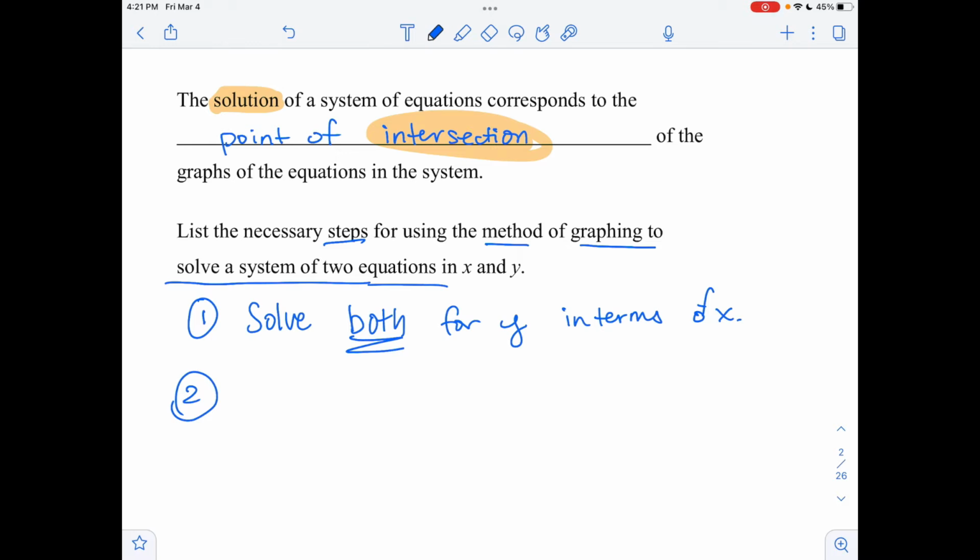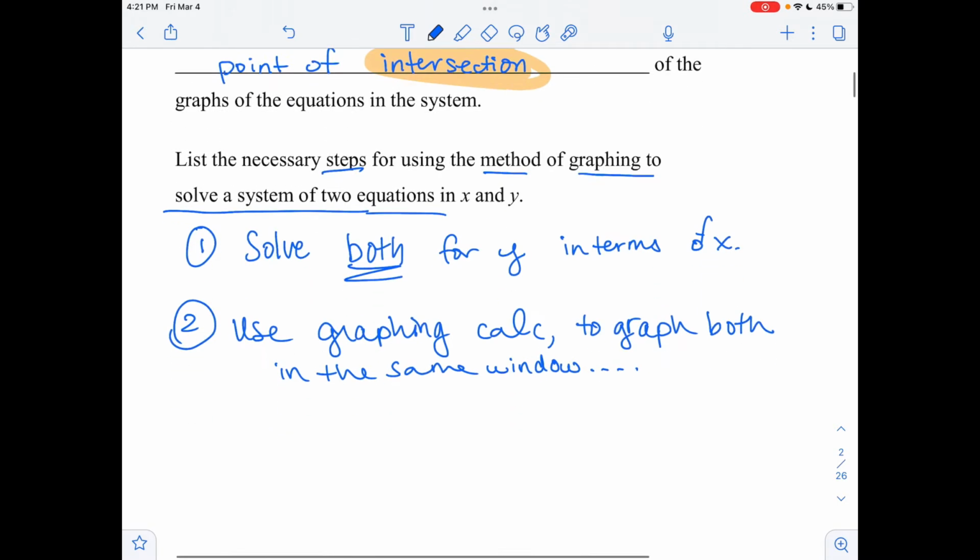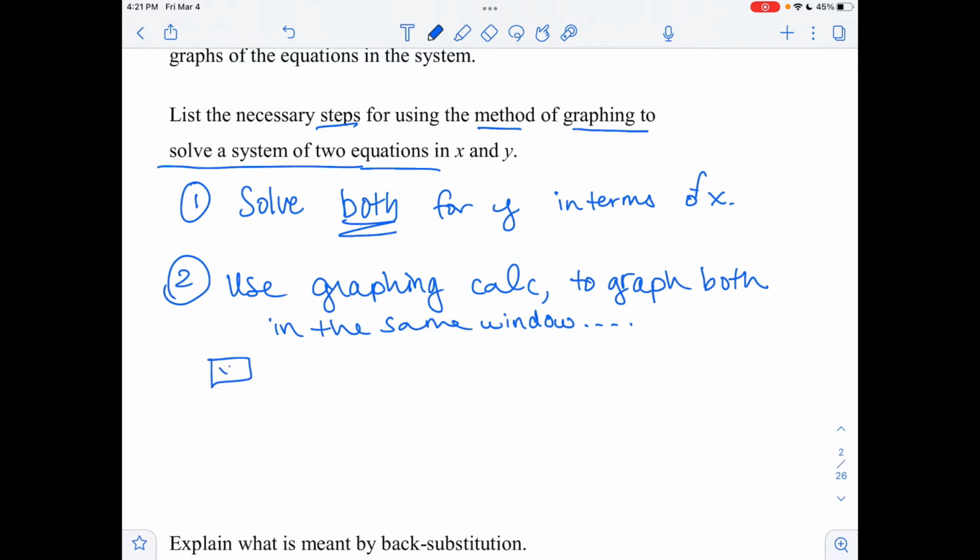Step two is you're going to use your graphing calculator to graph both in the same window. So remember to type both functions into your calculator. You're going to hit the upper left-hand corner, Y equals.